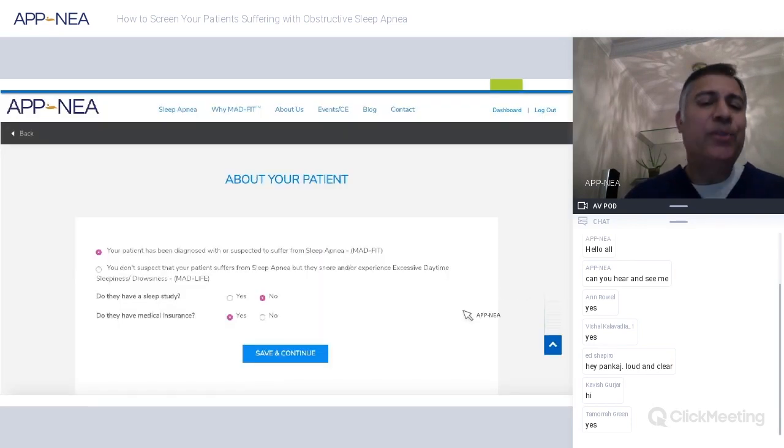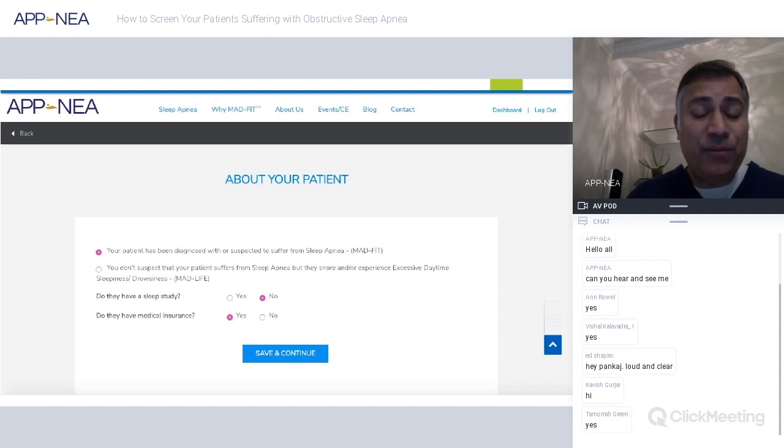So the first thing you do, after you've added the patient, is this. Because these are very predictive, progressive algorithms and very dynamic fields, that's one of the reasons why we can't really have them in a downloadable paper form for you to fill out, because depending upon the answer you give, different sets of menus come up. And because it's so dynamic, it's impossible to have it in a static form.